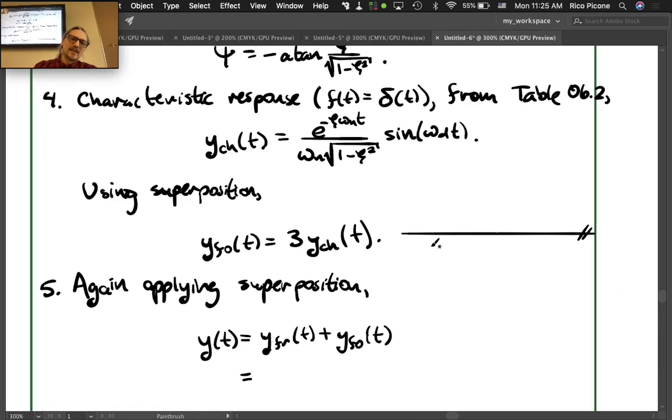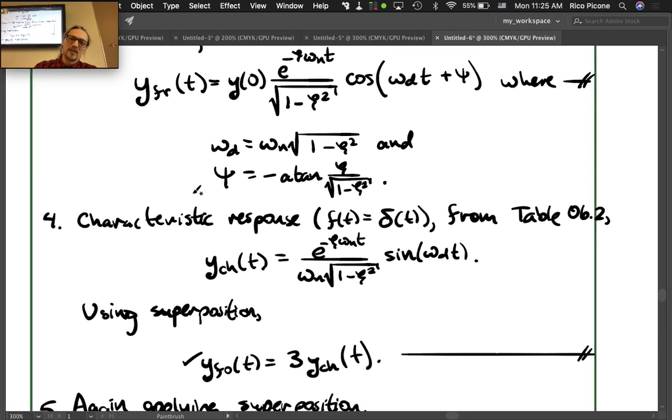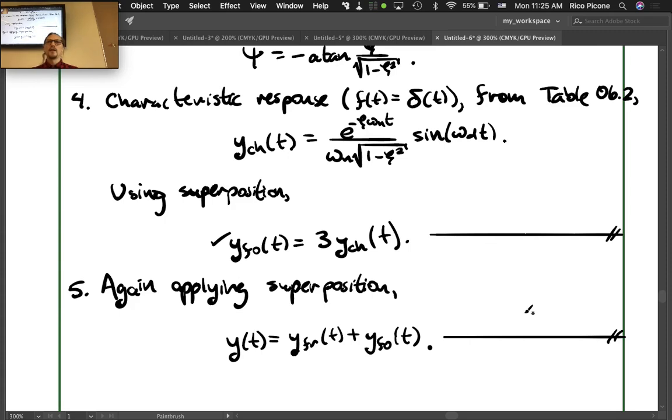We don't need to write it out, right? Y free and y forced are already defined. So here's my y forced, here's my y free. So that's the response.